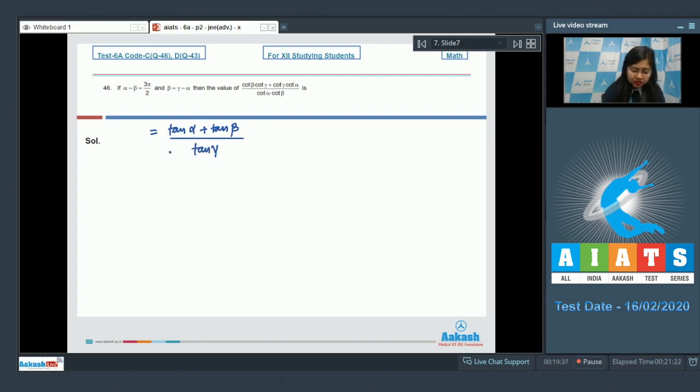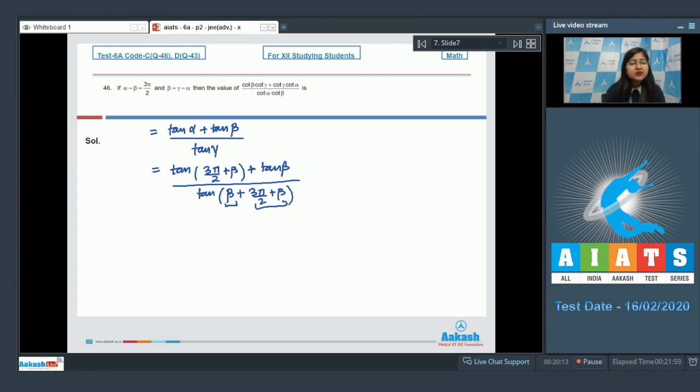The required value, let us say this is equal to, now we are given two equations, so we can convert alpha and gamma in terms of beta. Let's do that. Tan of alpha can be written as tan of (3 pi by 2 plus beta), plus tan beta, divided by tan of gamma. Gamma is beta plus alpha, that is beta plus 3 pi by 2 plus beta. Now let's consider this as one angle and this as another angle.